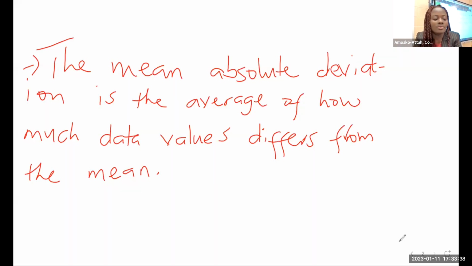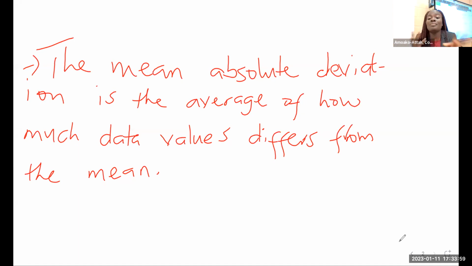Mean absolute deviation is the average of how much data values differ from the mean. That's all.